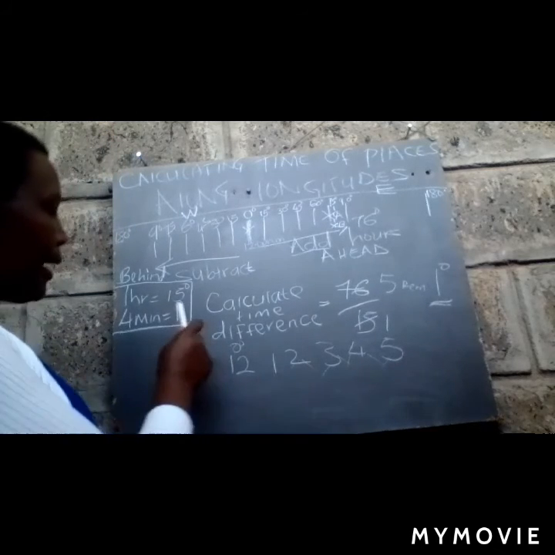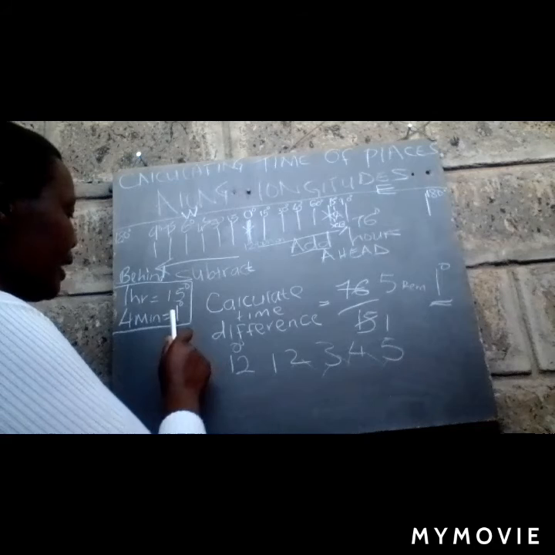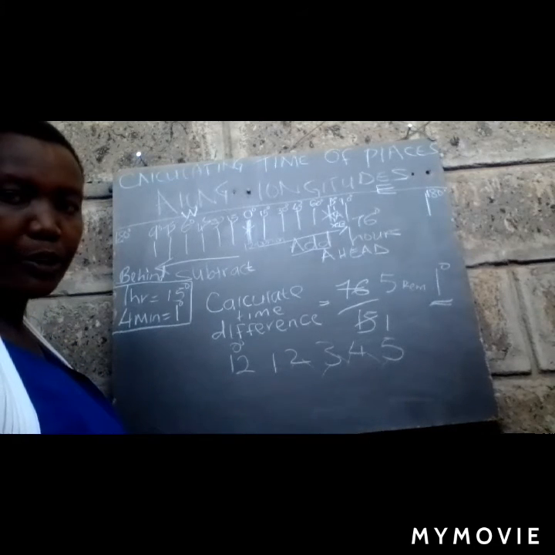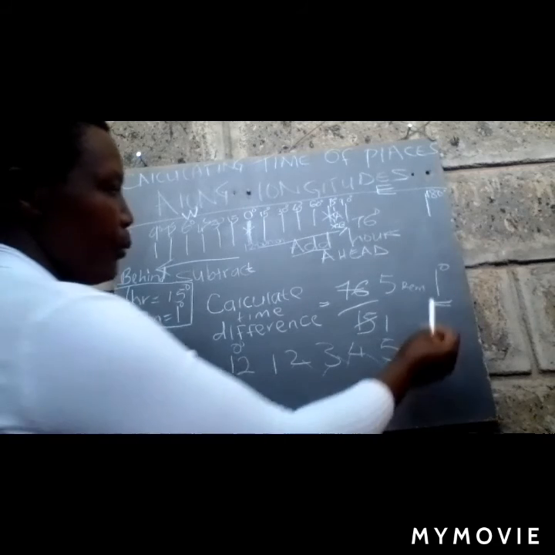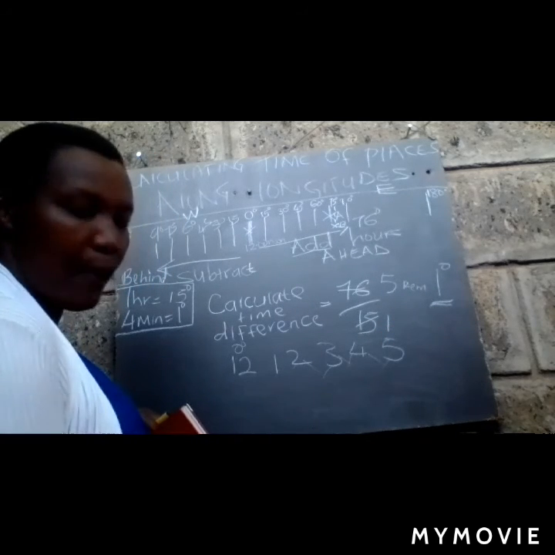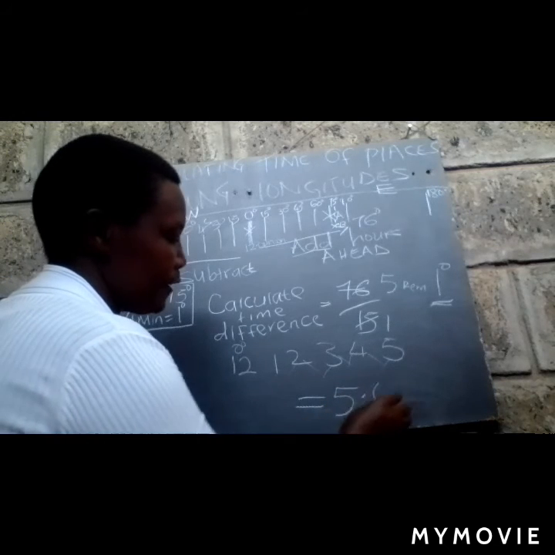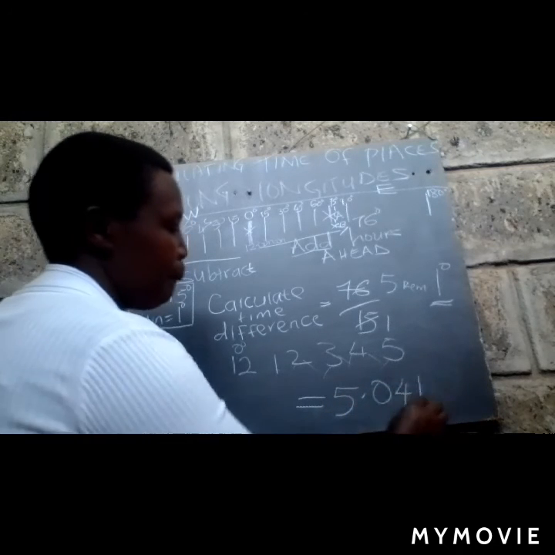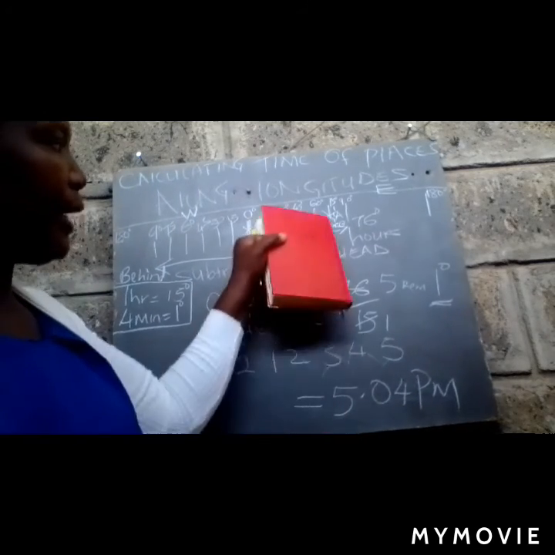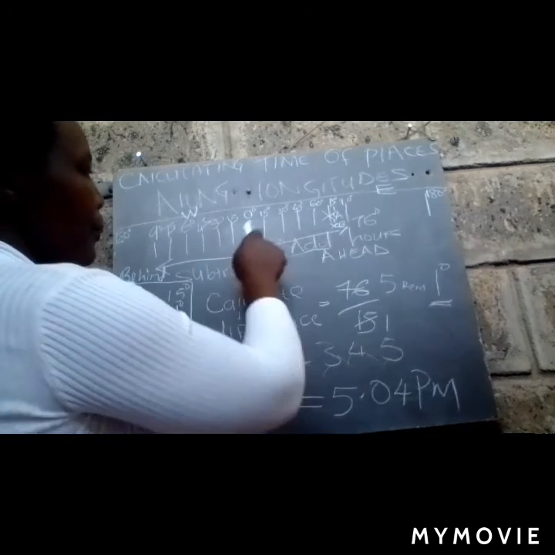So remember, the earth rotates. It takes 4 minutes for the earth to rotate 1 degree. So we have 5 hours and 1 degree, so our time will be 5:04 p.m. The time at point B, which is 76 degrees, is ahead of the prime meridian.